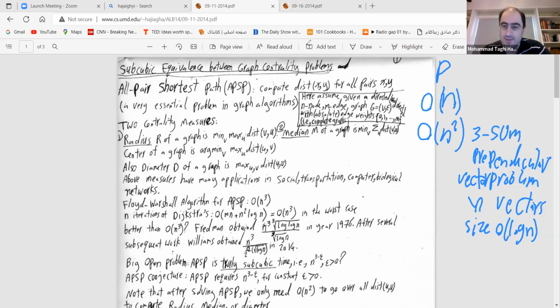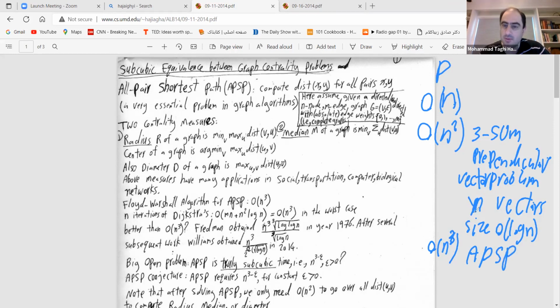The other class is n to the 3, or cubic. That's the one that we are talking about today. These are problems like, especially, all pair shortest path, which is a famous problem in this category.